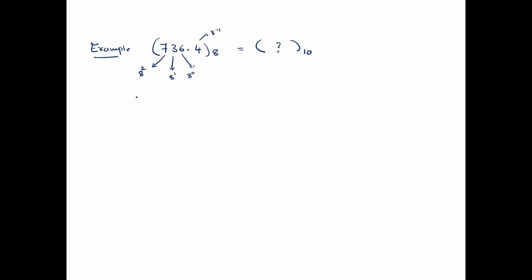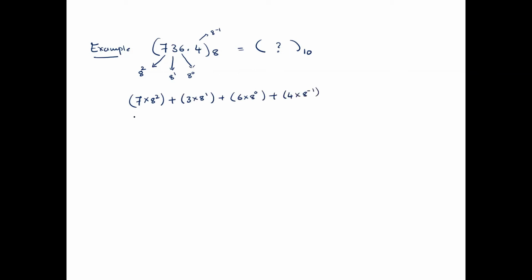So I'm going to write it as 7 into 8 raised to 2 plus 3 into 8 raised to 1 plus 6 into 8 raised to 0 plus 4 into 8 raised to minus 1.